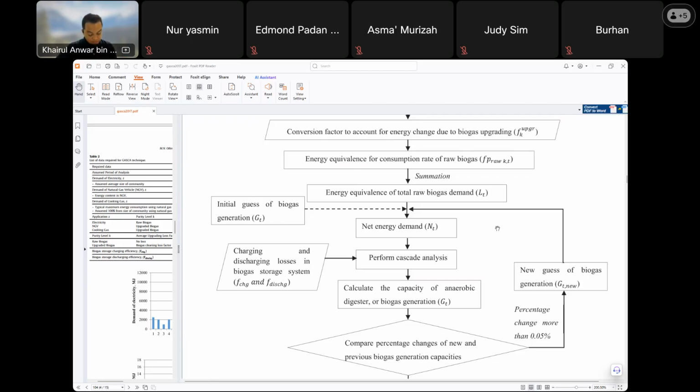Okay, now it's 3.2 under methodology. This is the cascade analysis for biogas energy system. For the assumption here, you need this data to do the analysis in cascade analysis.